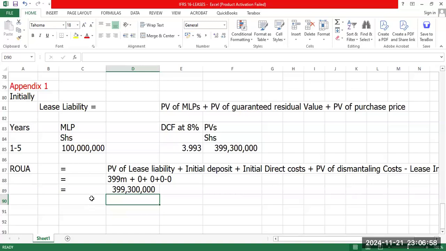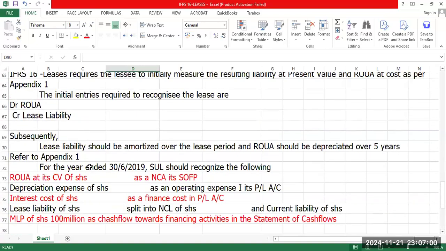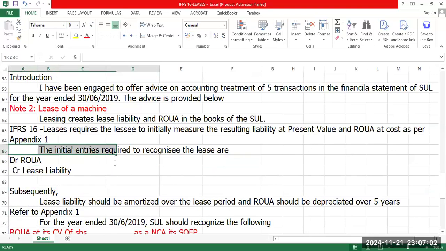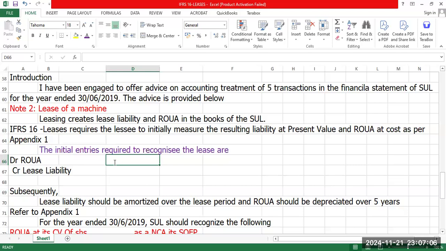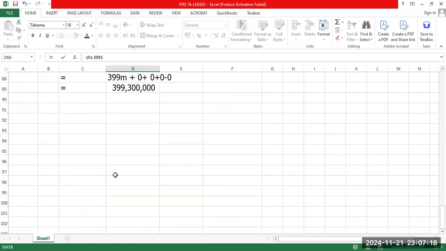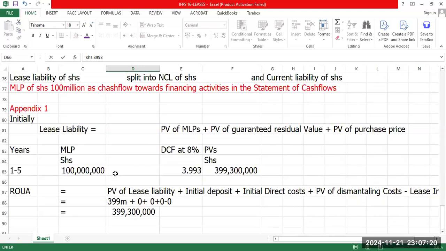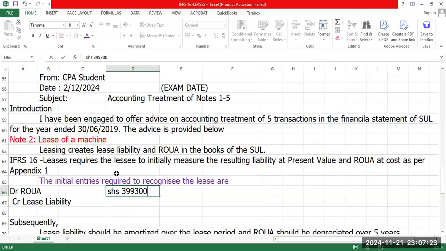So you go back here and write your amounts. This is shillings. 399,300,000. Good.